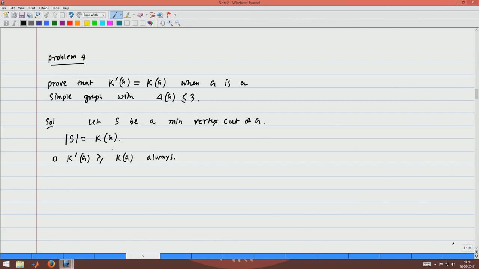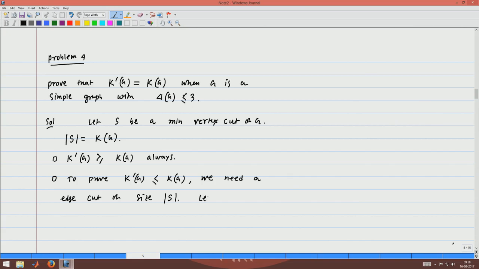Now, to prove that they are equal, to prove k prime G less than or equal to k G, we need an edge cut of this size.